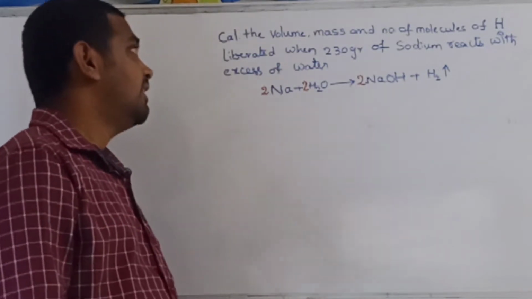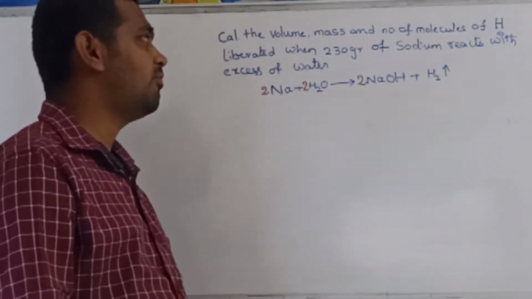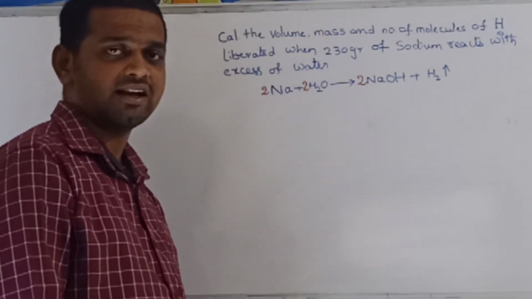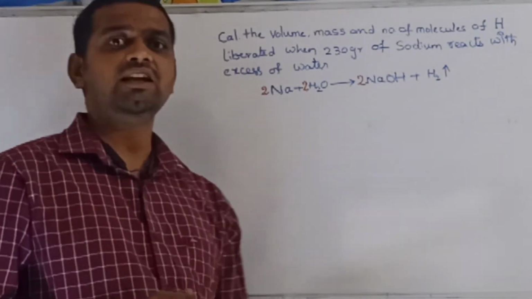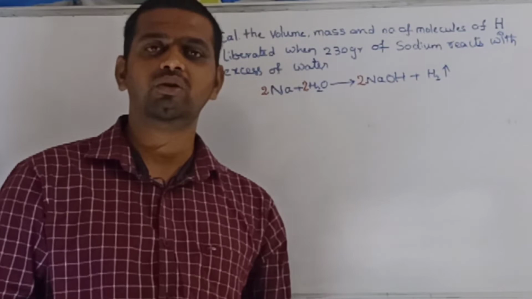Next step, in the question we need to calculate mass, volume and number of molecules of hydrogen when 230 grams of sodium is reacted. So you need to establish the relationship of sodium and hydrogen. This is the thumb rule you should remember.